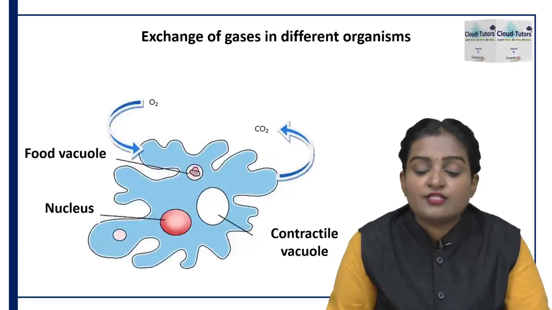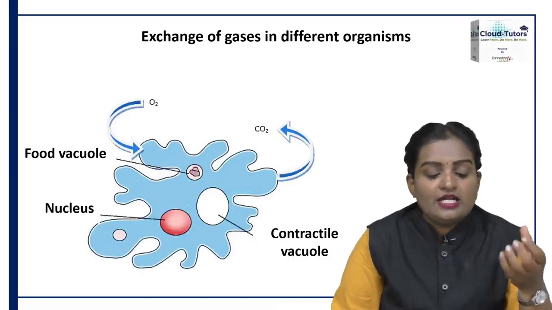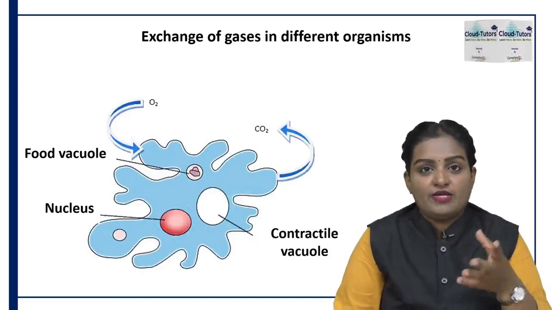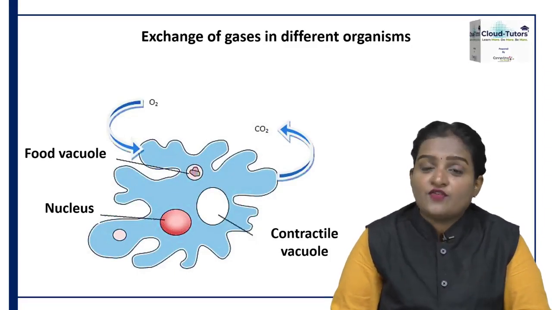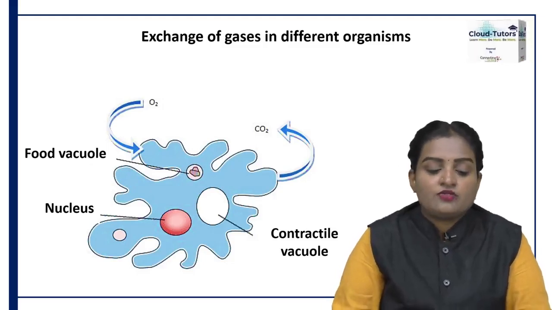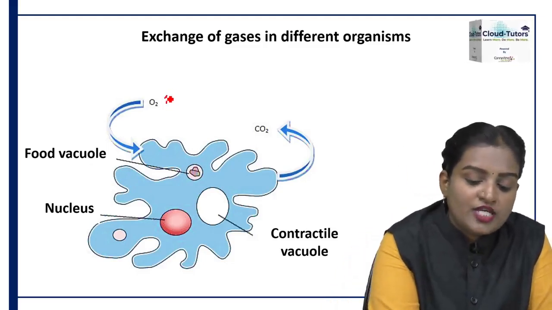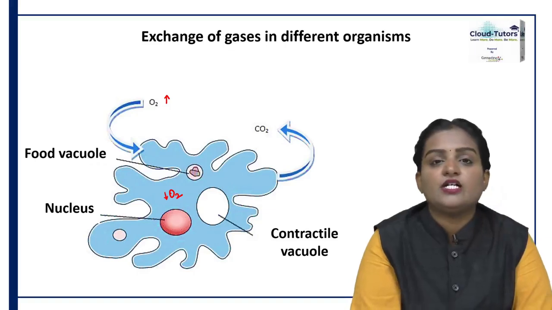Now coming to respiration or exchange of gas in different organisms. Here we have taken example of amoeba. Amoeba is a unicellular organism. So exchange of gas can occur merely through simple diffusion. So outer environment is rich in oxygen compared to inner environment of the amoeba.